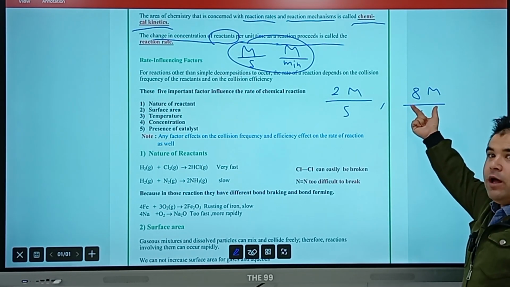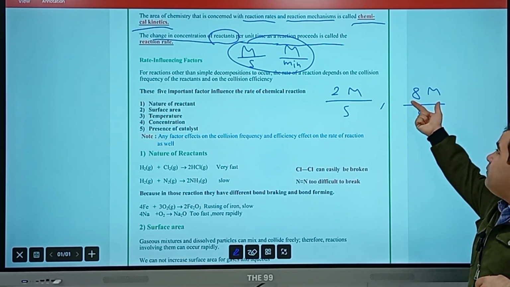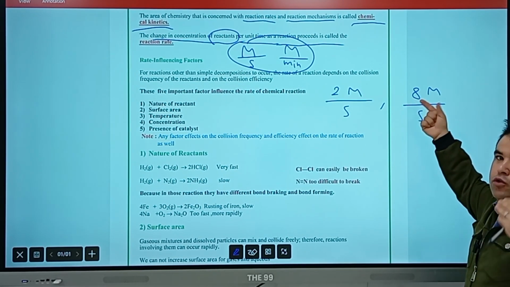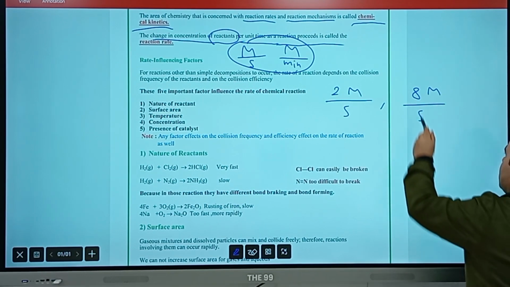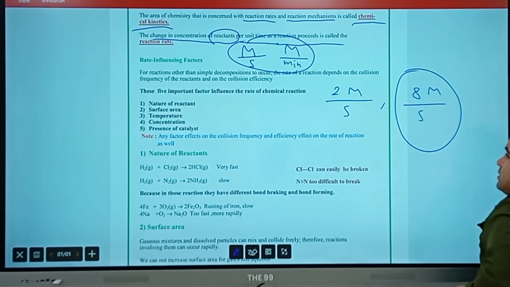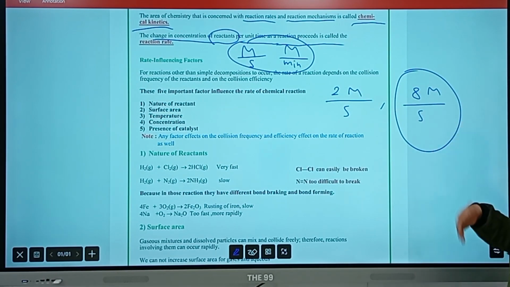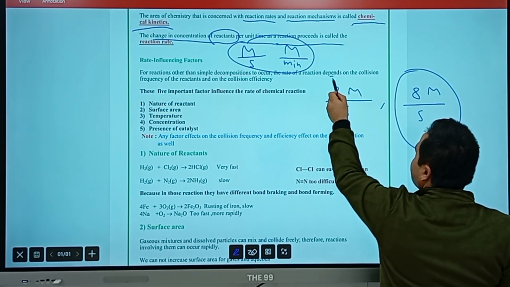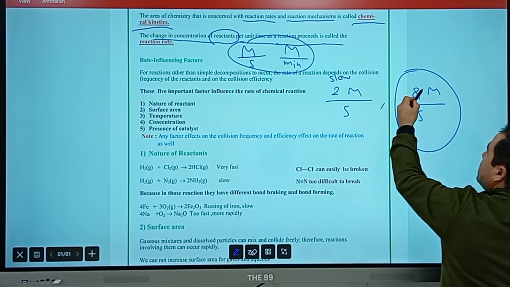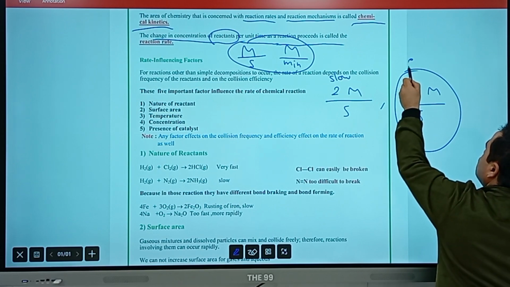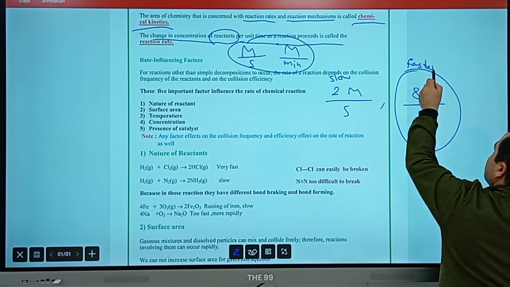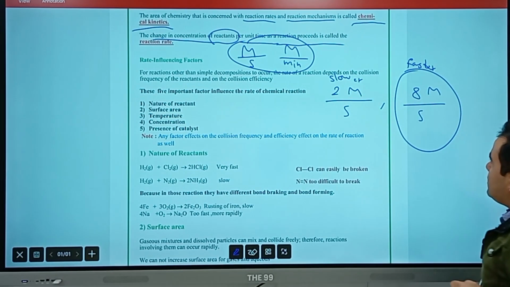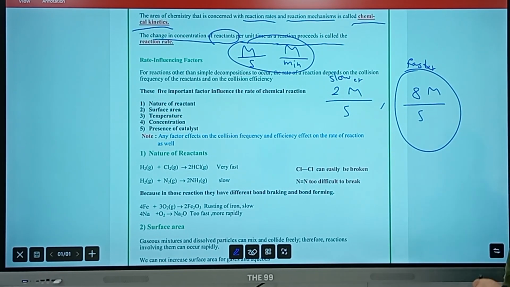Of course, the one that consumed a higher amount of the reactant in a specific period of time, which is a second or a minute. So this is a slow mechanism compared to the 8 molarity per second, which is a faster mechanism.